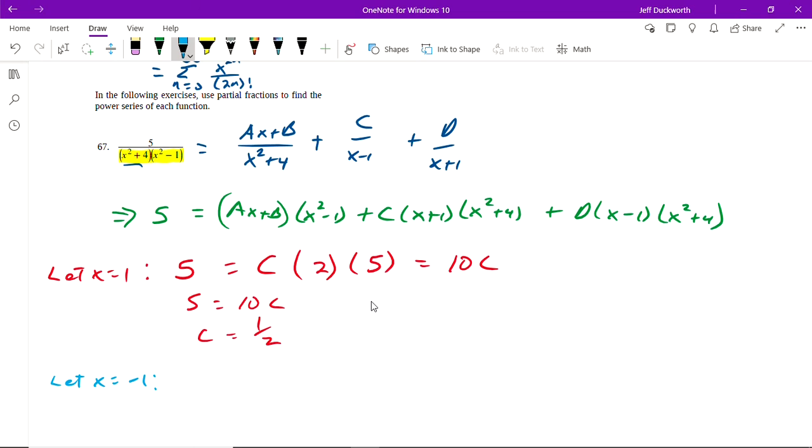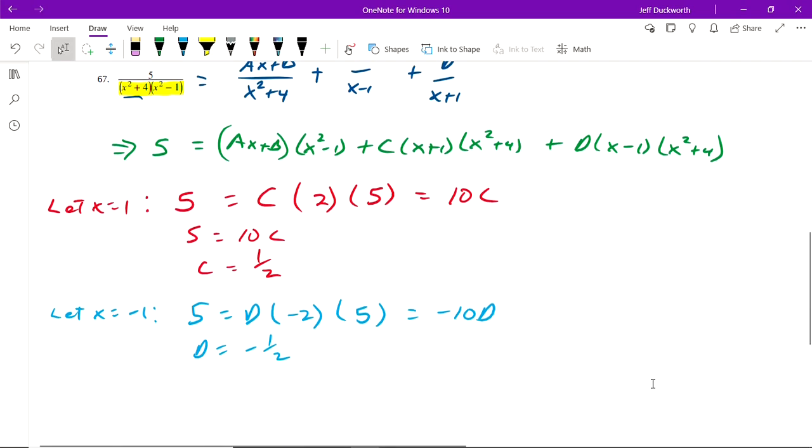So it kills that whole first ax plus b. It is also going to kill our c, so we're left with the d. So we've got 5 equaling d times -2 times, well, that's going to be squared, so that's going to be a 5 again, which equals -10d, which means that we have d equaling -1/2.